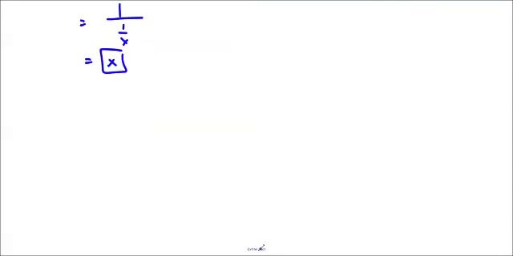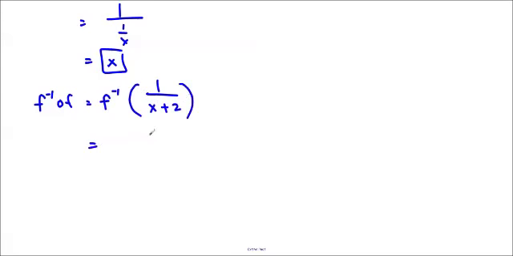If we want to do f inverse of f, this is going to be f inverse of 1 over x plus 2. So we'll write that in, 1 over x plus 2 minus 2. That's what f inverse was. So is that right? Did I do that wrong? 1 over x.